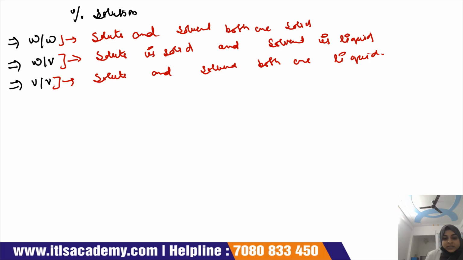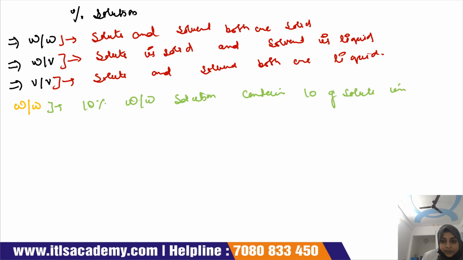First we are going to discuss weight by weight. A 10 percent weight by weight solution contains 10 gram of solute in 100 gram of solution.